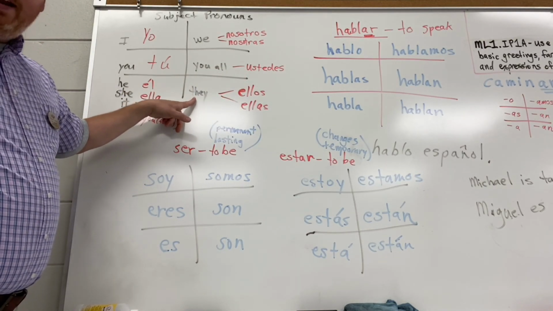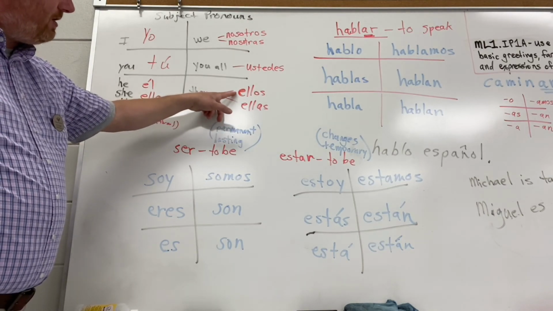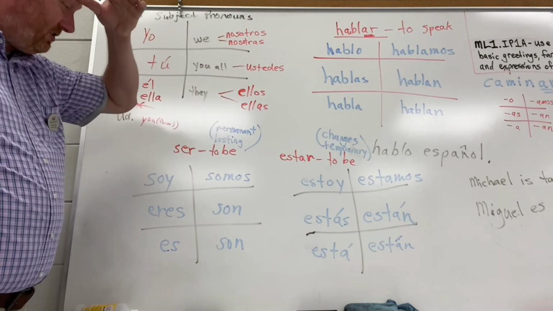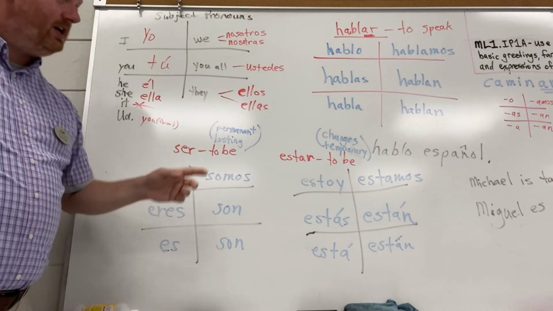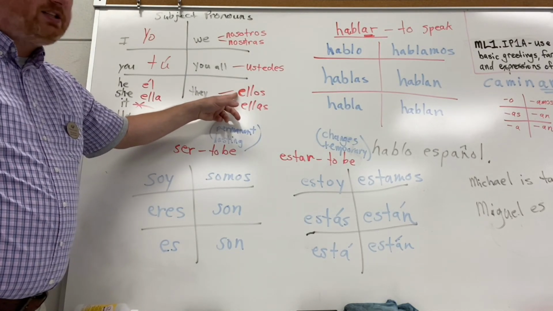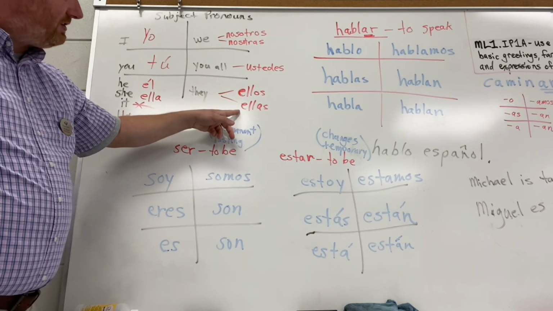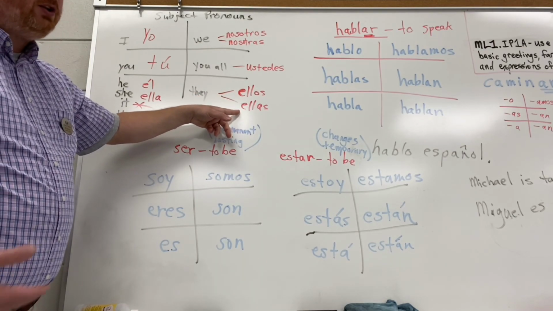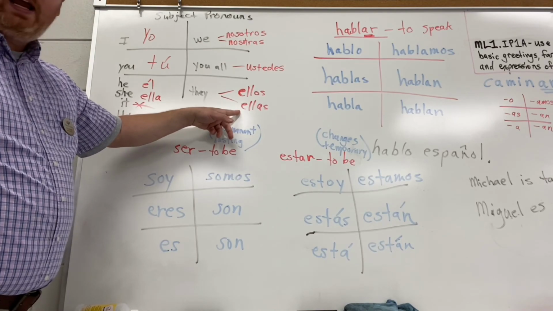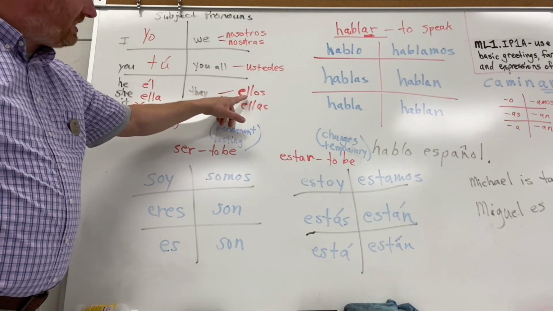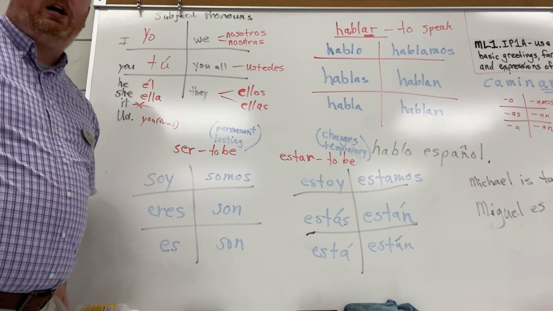And for they, the last one, we have ellos or ellas, and it works the same as nosotros does as far as gender is concerned. Two guys, ellos, they, or two girls, saying they, referring to two girls as they, would be ellas. Remember once again that the double L makes a y sound.